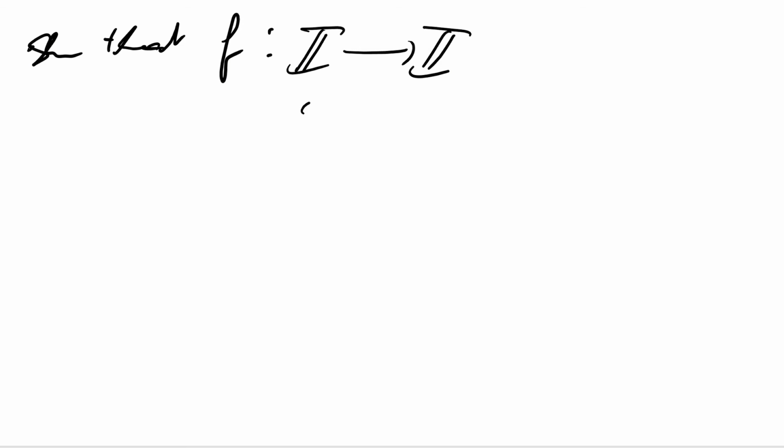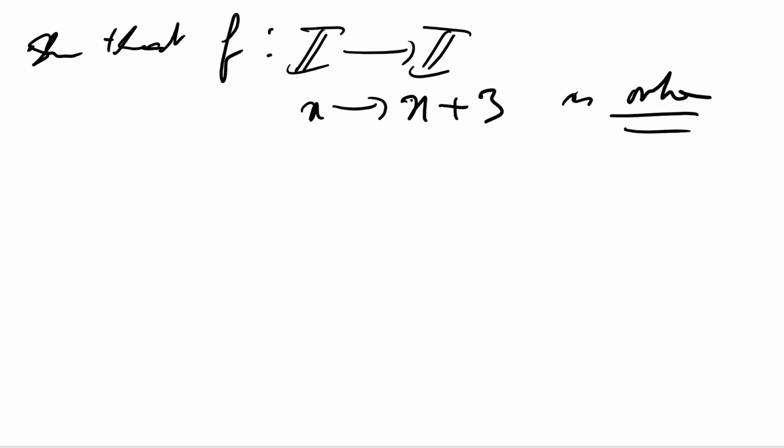Show that f from the set of integers to the set of integers, which from x associates x plus 3, is onto, right?